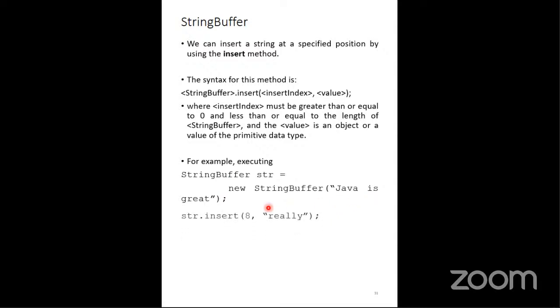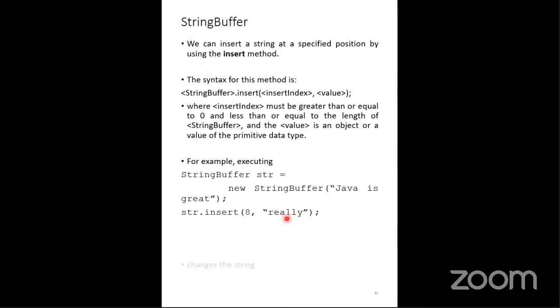Now, if I write str dot insert position 8, really. Position 8 means start from here. J is at position 0. So 0, 1, 2, 3, 4, 5, 6, 7, and 8. 8 means this G value. So at the 8th position, I want to insert really.